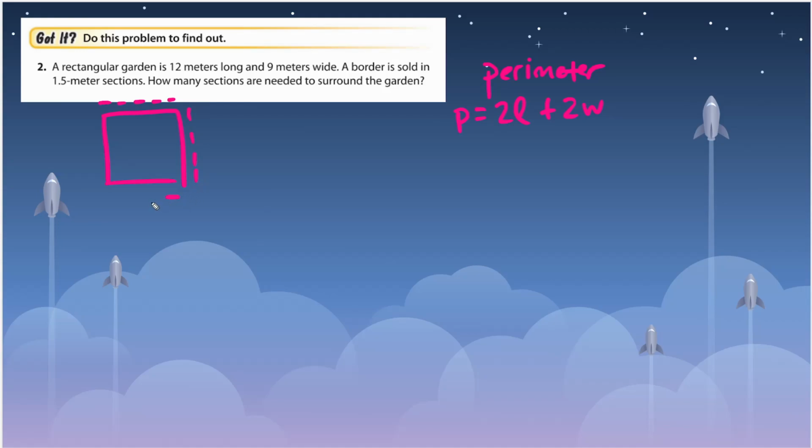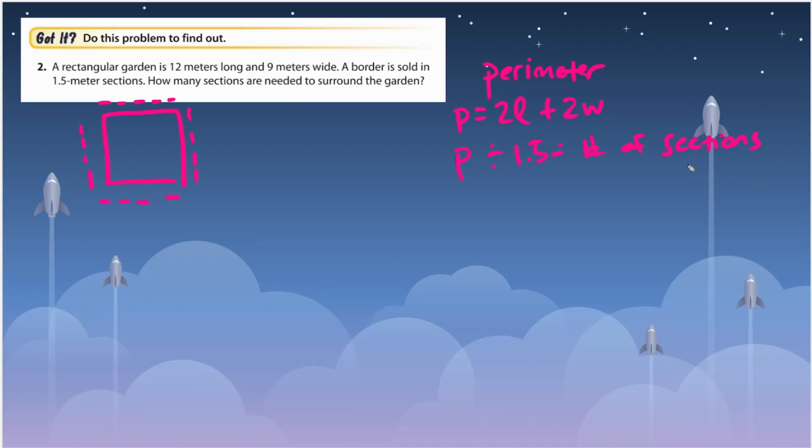And we're finding how many of these sections go into the total perimeter. How many times will this fit in? We saw earlier that that was division, right? So we're going to take whatever this P is, and we're going to divide it by 1.5. And that's going to give us the number of sections.